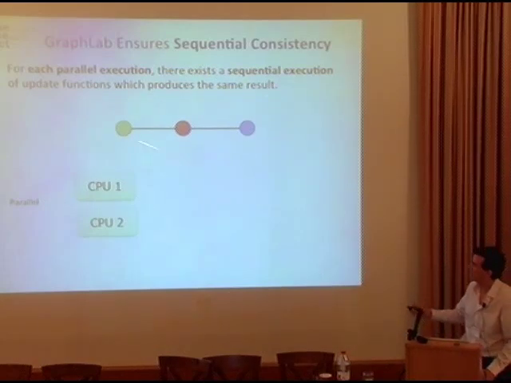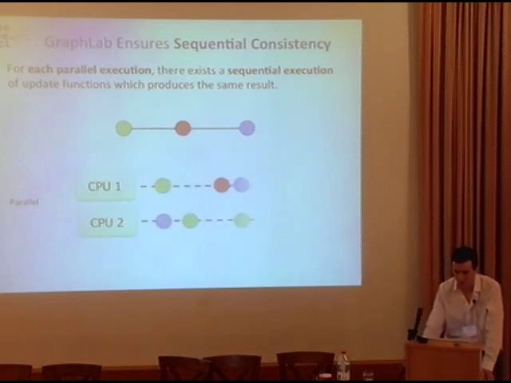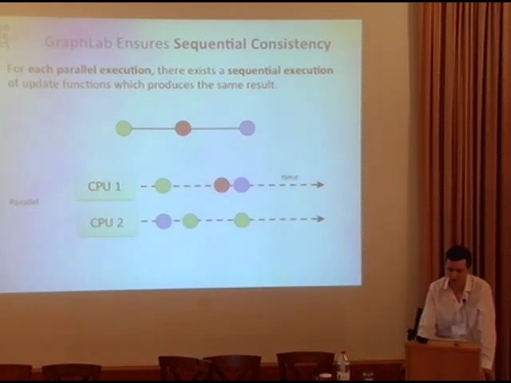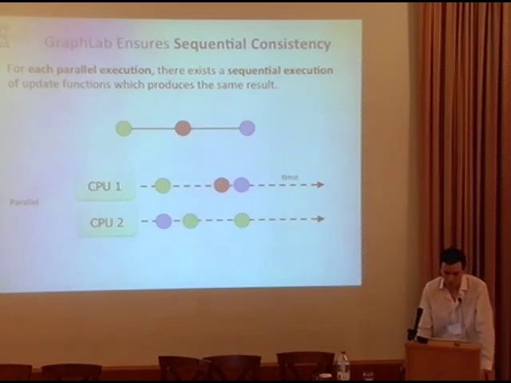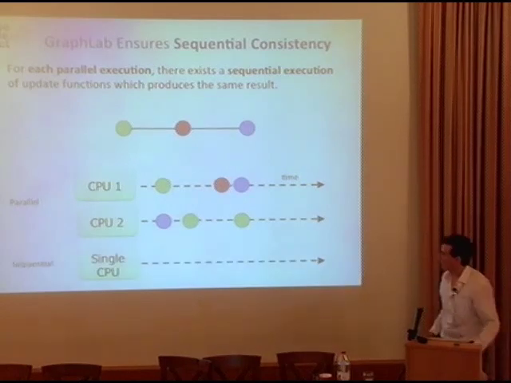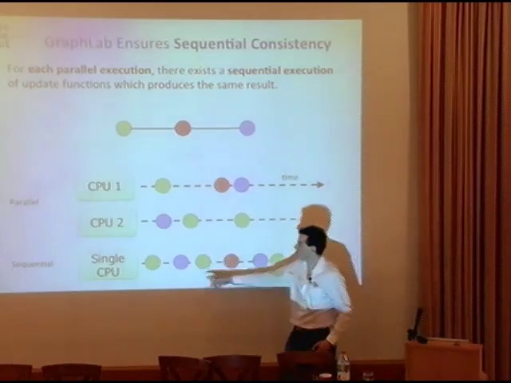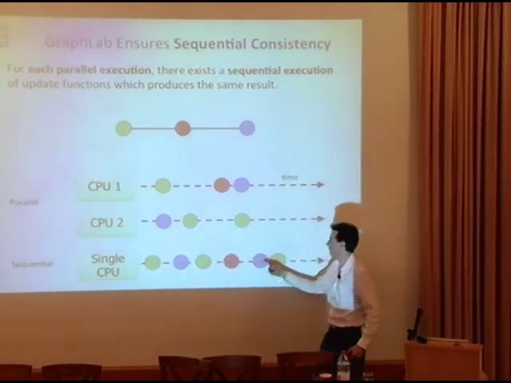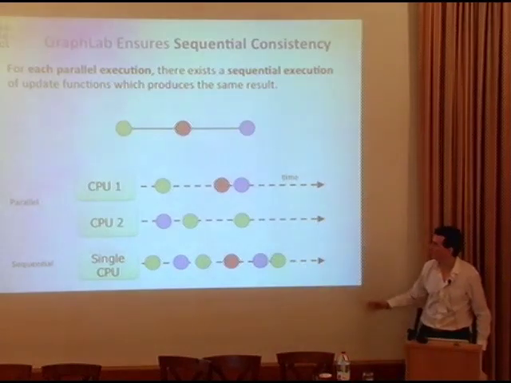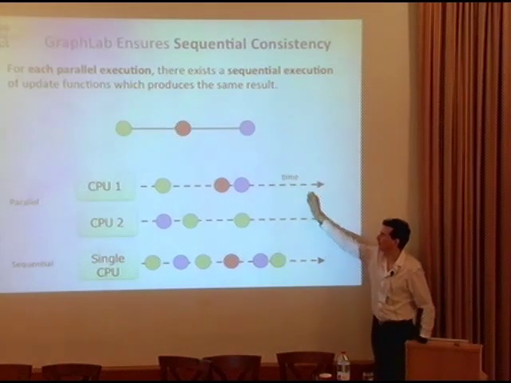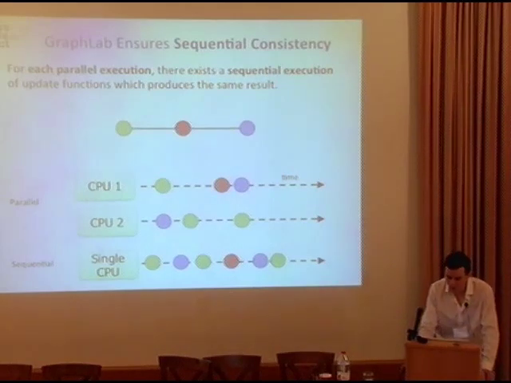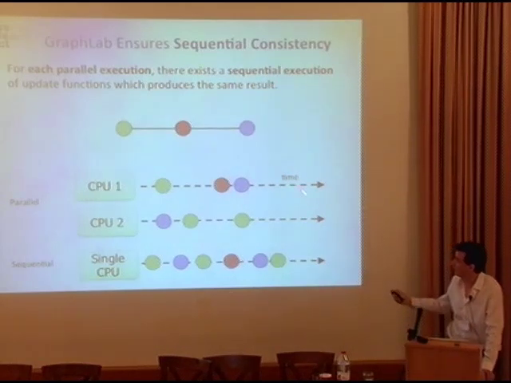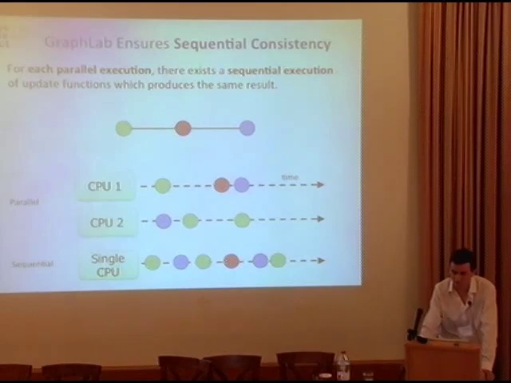If I have this problem here with 3 nodes, what sequential consistency says is, if I execute on CPU 1 green, red, blue, and on CPU 2 I execute blue, green, green, there must exist an equivalent execution on a single processor of green, blue, green, red, green, blue in this example that will give you the same answer as I would have at this point. If you have this, you have sequential consistency. And what GraphLab guarantees is that this happens. And this can be very important, as I showed you in the previous slides.